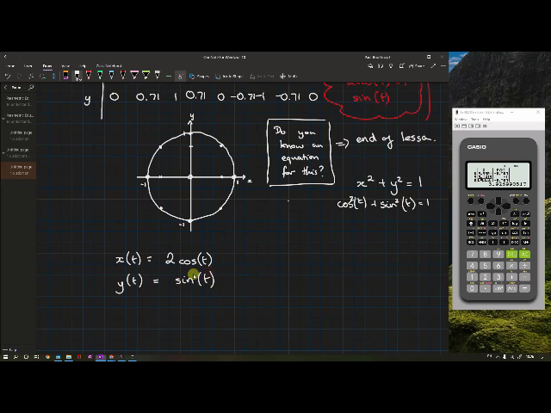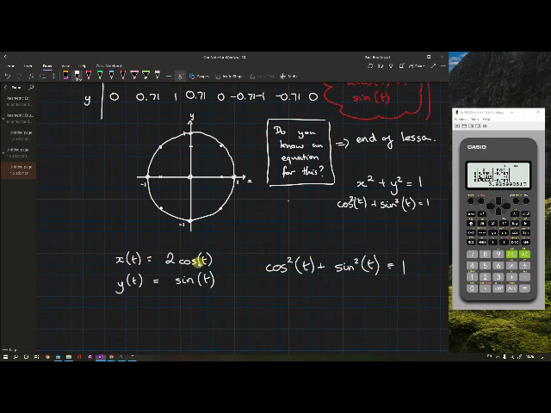Now, to turn these into Cartesian equations, what we have to do is think of some way of linking the t parts, either to get rid of them, which often doesn't work, or using a trig identity. So we need some form of link that will allow us to create an equation where we can replace things. Now, this one fairly straightforwardly, you should recognize, we're going to use cos squared t plus sine squared t, and that must equal 1.